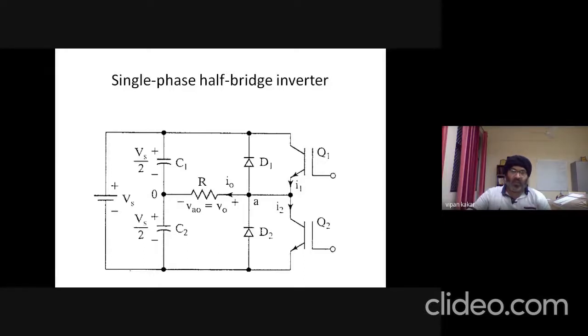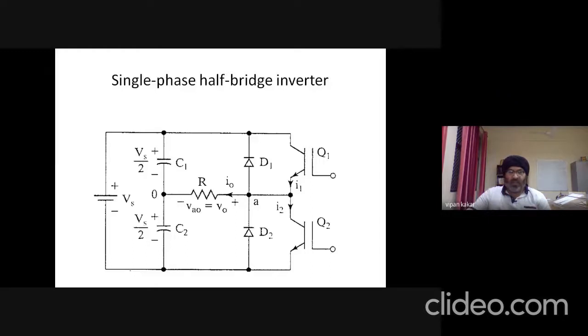Half of the input DC supply is across capacitor 1, and half of this DC supply appears across the low side capacitor, capacitor 2, and half of it is connected at the high side capacitor.